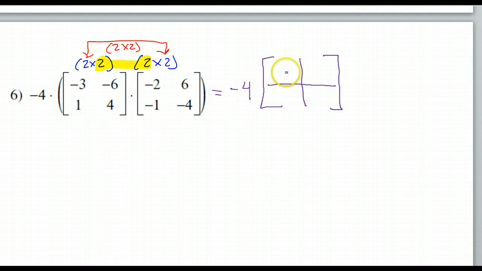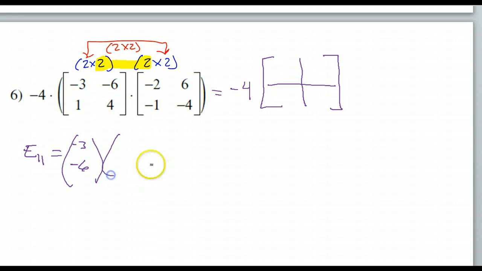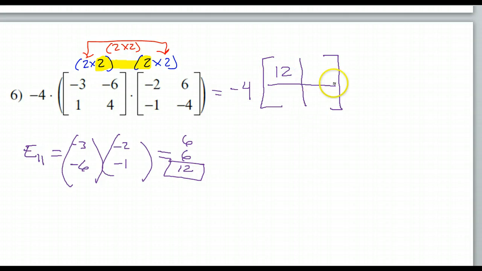So this first one is our element 1, 1. That's going to be row 1, which is -3, -6, times column 1, which is -2, -1. That's going to give us 6 and 6, which is 12. Now we move over here.